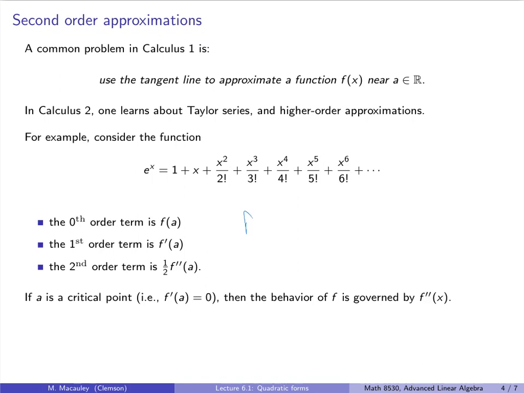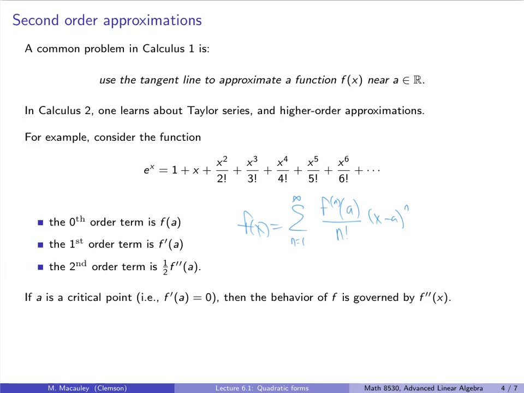Now, in general, f of x equals the sum from n equals 0 up to infinity of the nth derivative of f at a over n factorial times x minus a to the n. And I'm ignoring things like radius of convergence. Sometimes this Taylor series doesn't converge everywhere. That's not important for this purpose.